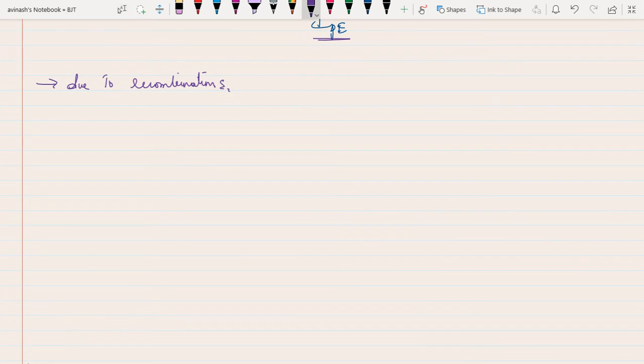Due to recombinations, the base region loses its electrons.